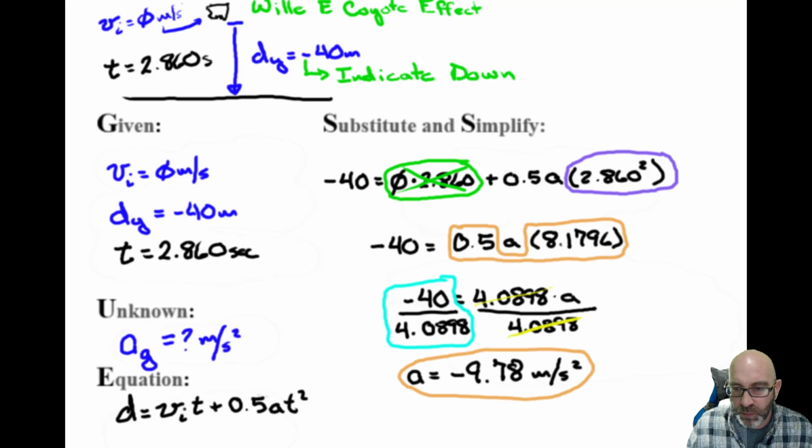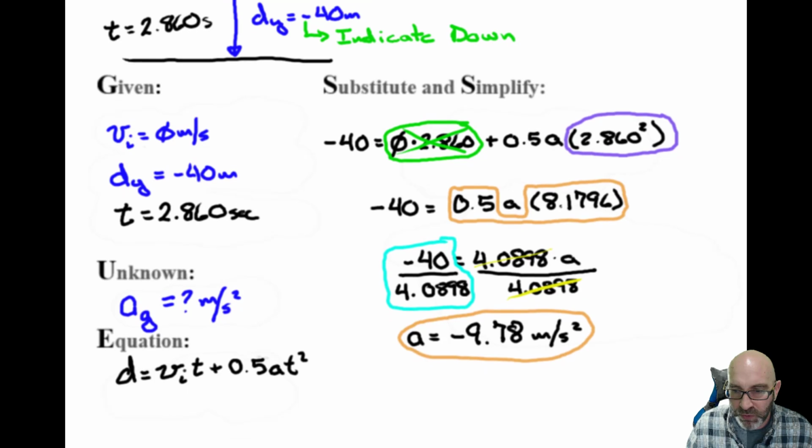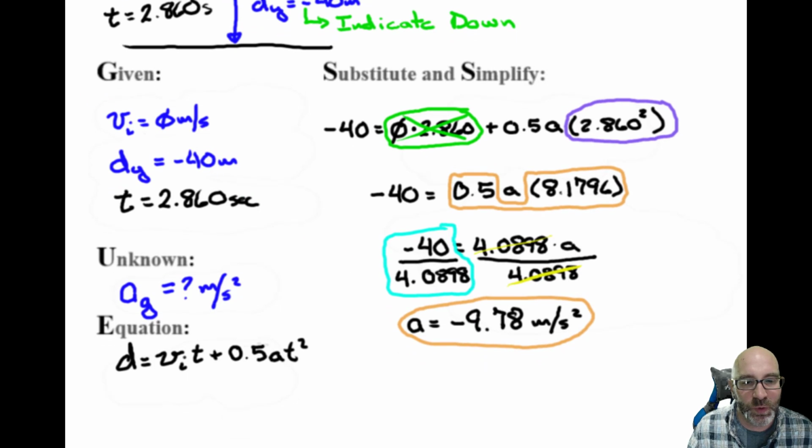Which is interesting because we had looked at a negative before and it meant that things are slowing down, but this negative here has a new meaning.